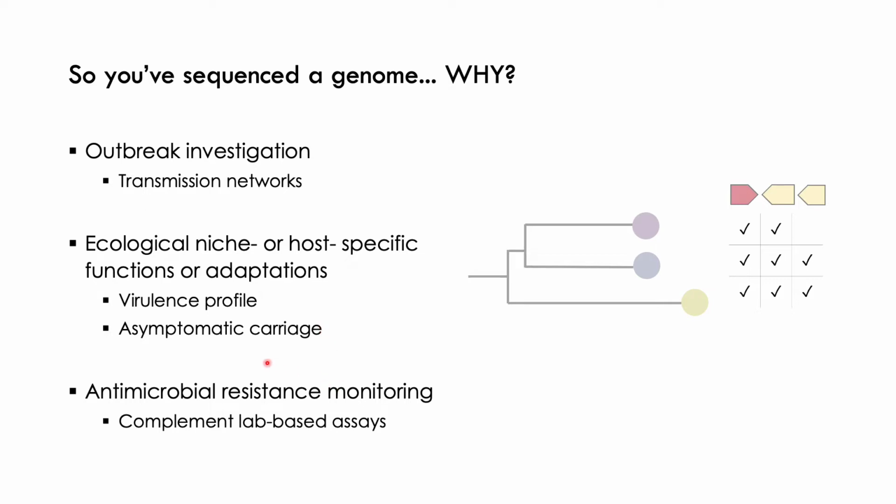And then you can also do things like antimicrobial resistance monitoring in the environment or, again, in clinical cases. And genomics is a really good way to complement lab-based assays and phenotypes. So if you've seen a really interesting phenotype in the lab, you can then search the genome for explanations of these phenotypes.